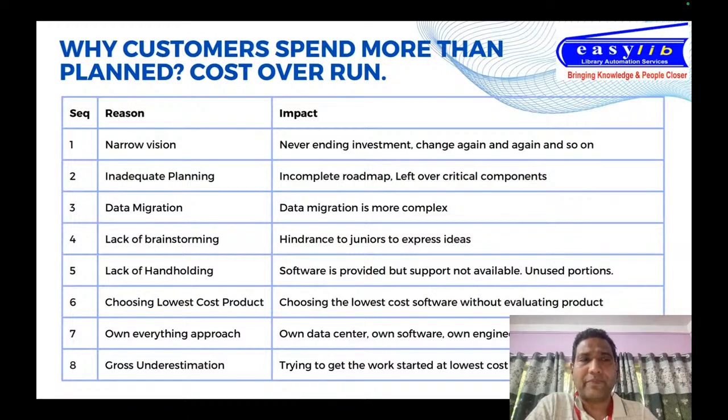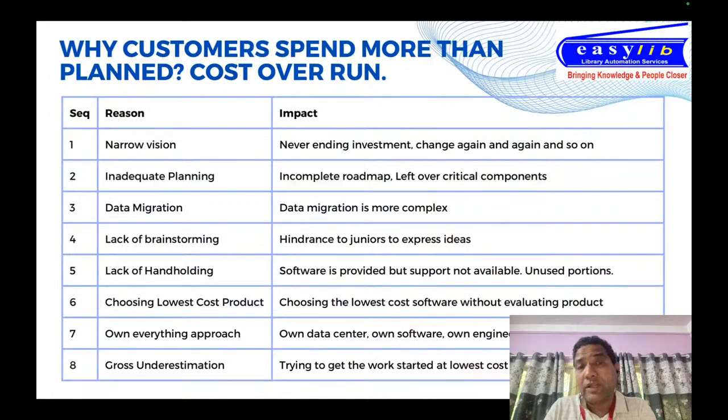Then number 4, lack of brainstorming. Quite often, many times, the people who are at the senior level, because of their experience and qualifications, need to make sure that there is enough opportunity for the juniors to express ideas. There should be an open environment.